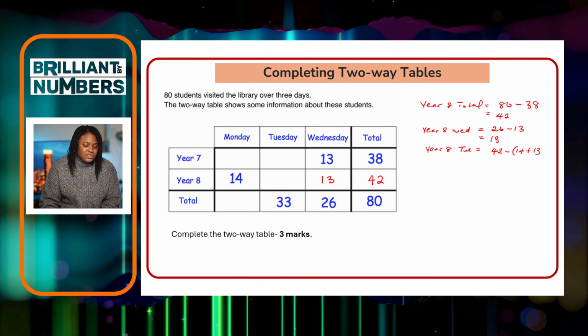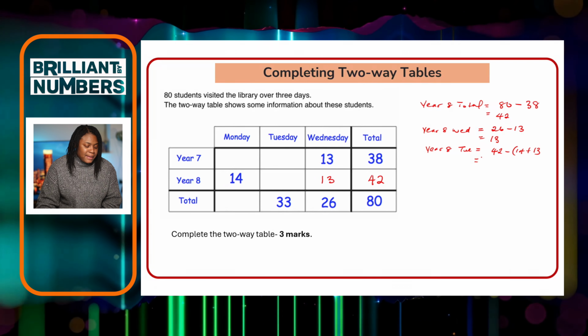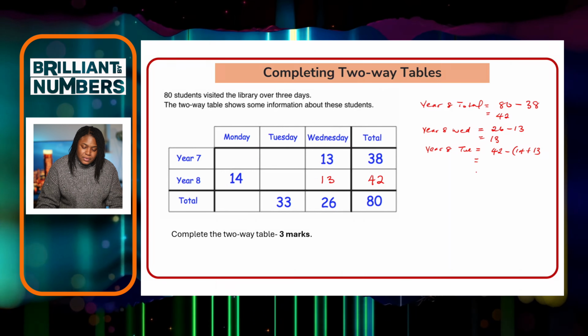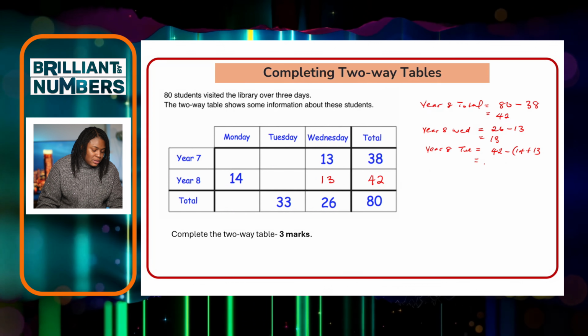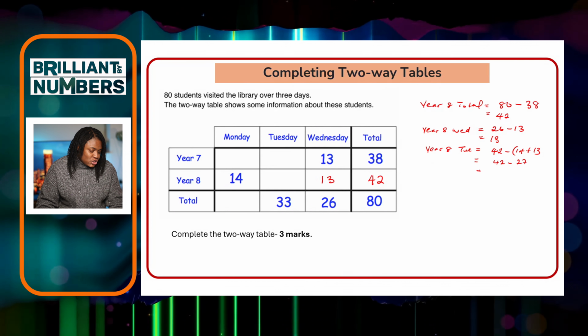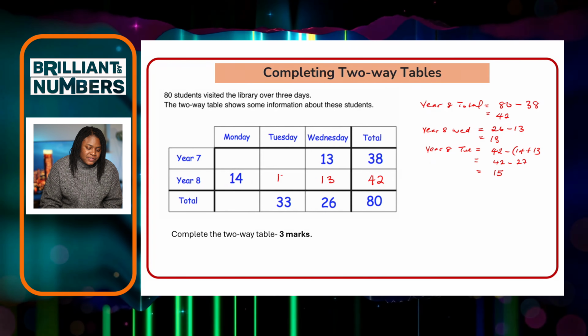So if I add these two here, I can subtract from 42 and get that missing value. So let's do that. 42 take away 14, add 13, which will be 42 take away 27, which gets me 15. So I'm just going to fill that 15 in.